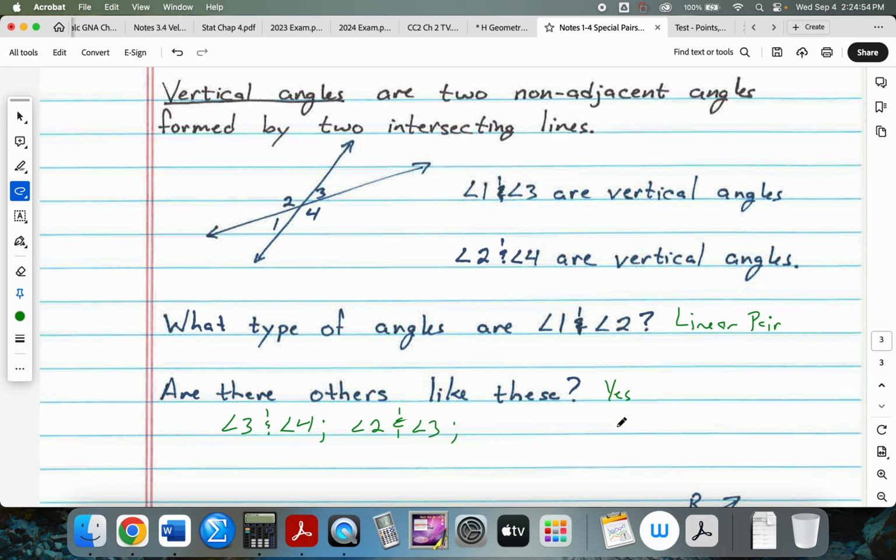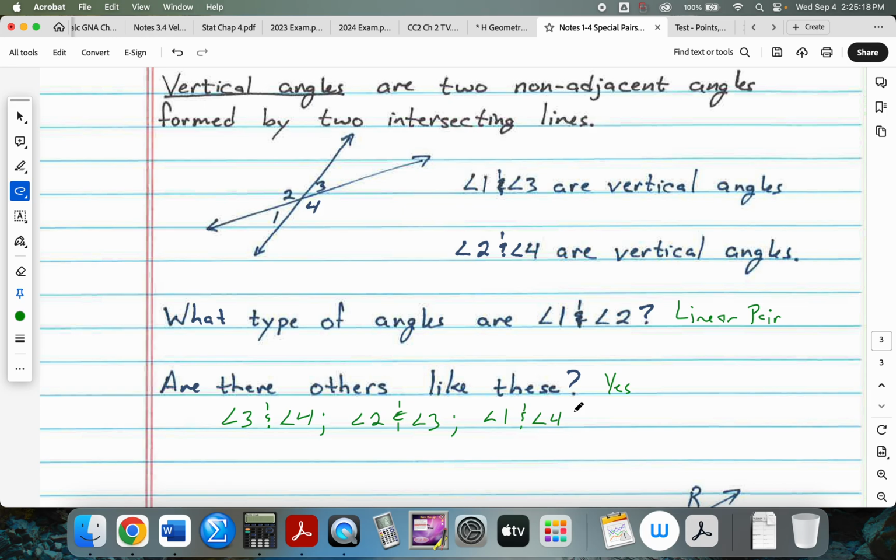And there's one more. Yes, indeed. Angle 1 and angle 4. Those are all linear pairs. We'll talk more about it later, but linear pairs are always going to be supplementary. We're going to use that over and over again this year. So it's important that you can see them in a diagram.